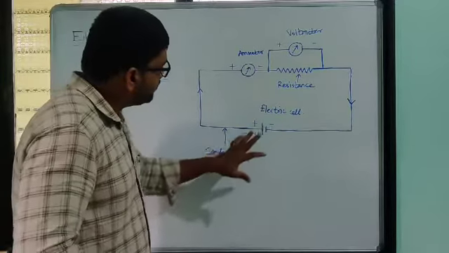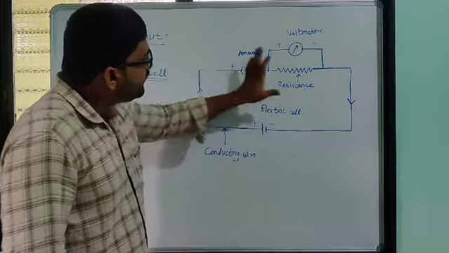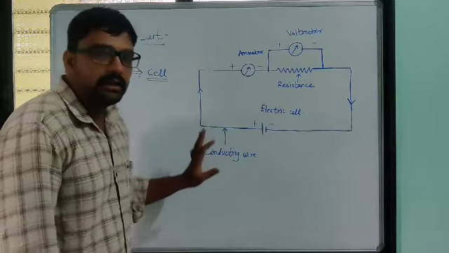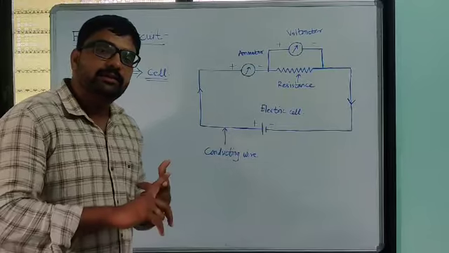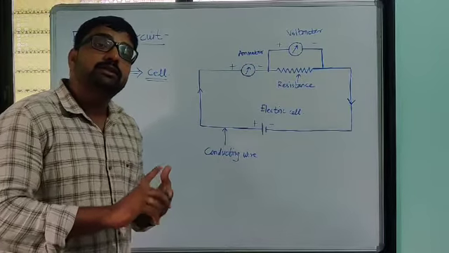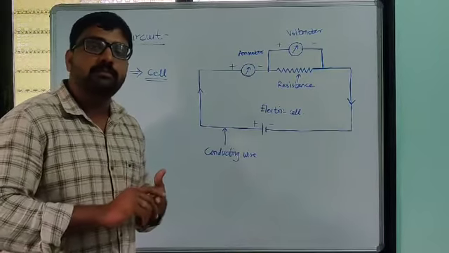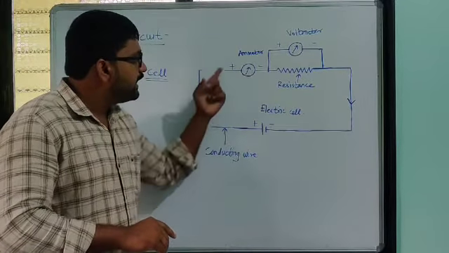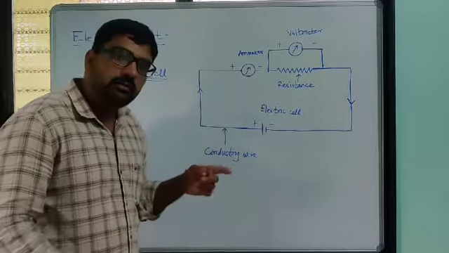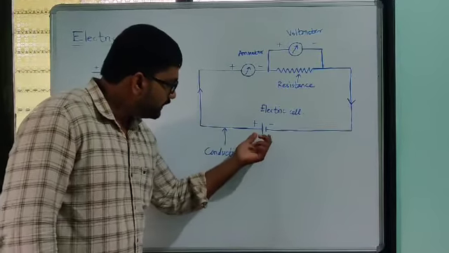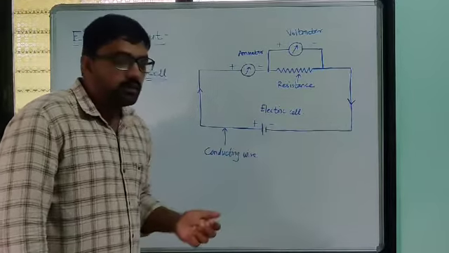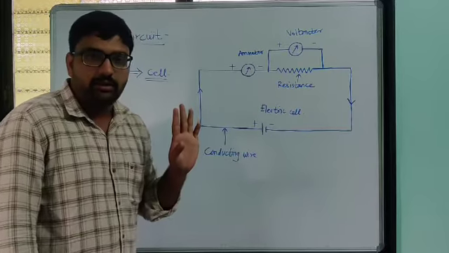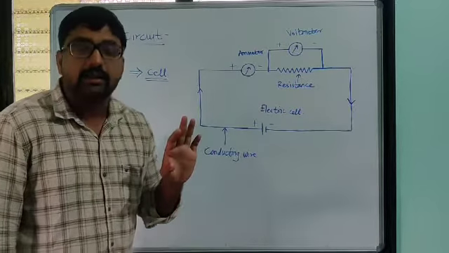See here, one simple electric circuit is given. What is an electric circuit? It is a continuous conducting path formed by using some conducting wires and electrical components which are connected to the two terminals of a cell. It is simply called an electric circuit.